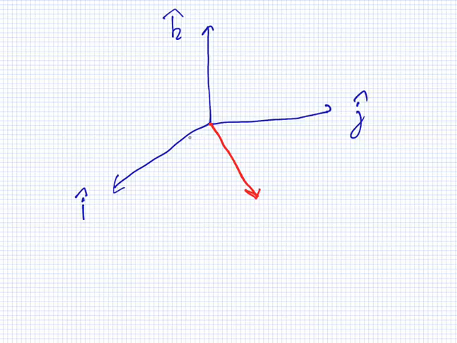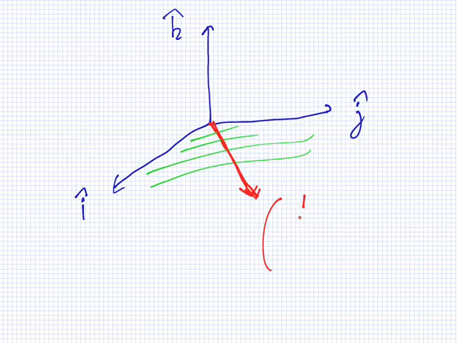Can you see that? Will I add some colours in for special effects? This is on the ground, and we'll say that this vector is 1i, 1j, and no k's.